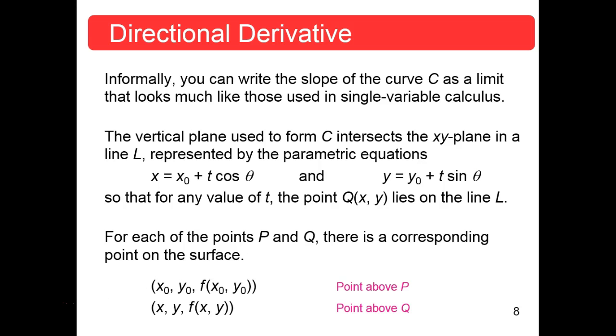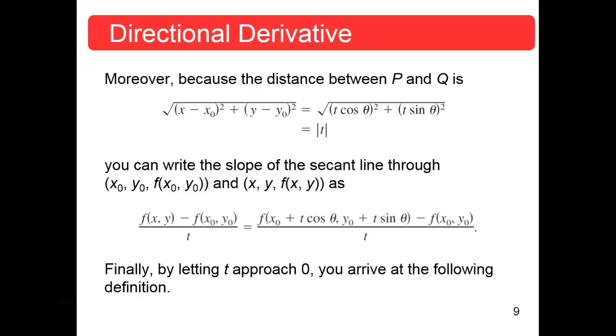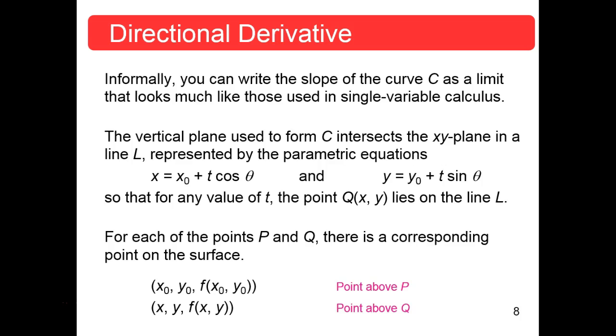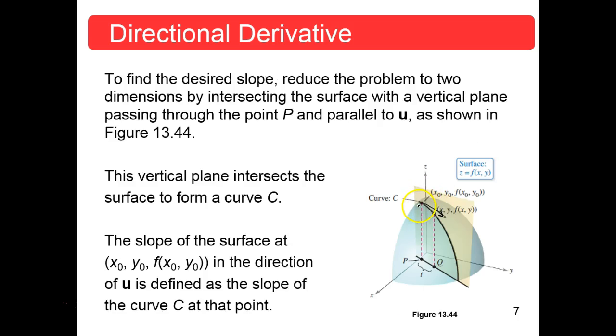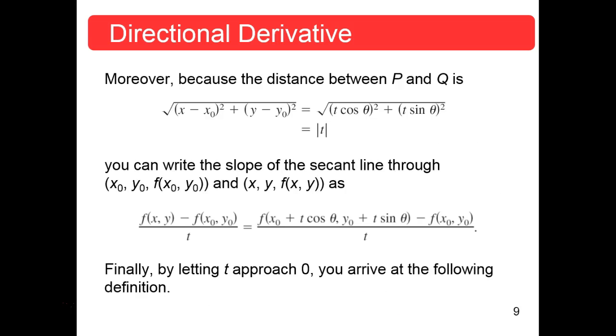They're actually saying it is the absolute value of that t, and that's where they go about proving it. Now, it says you can write the slope of the secant line through (x0, y0, f(x0, y0)). That's this point up here and that point. So the secant line between those two would be the straight line that connects those 2 points on that curve.